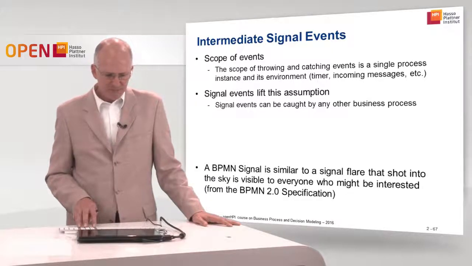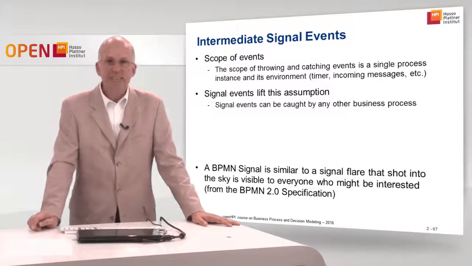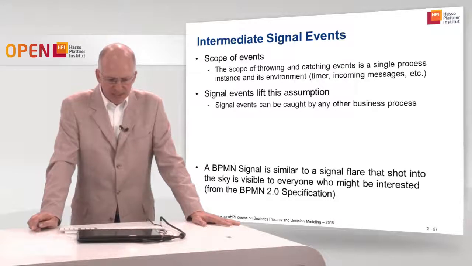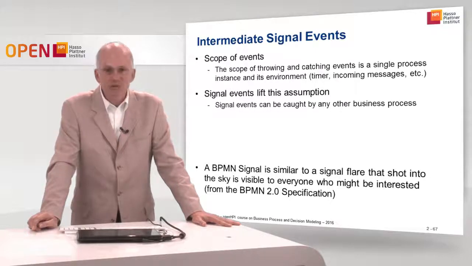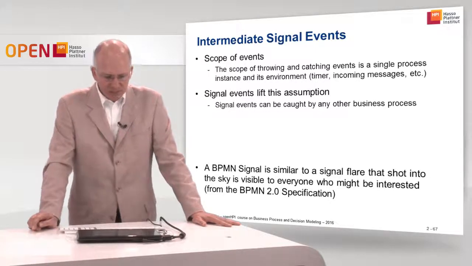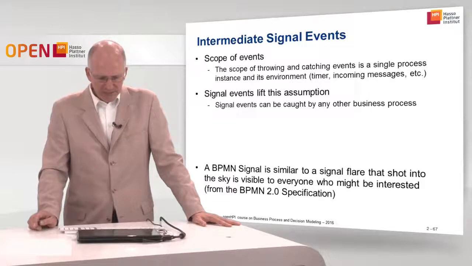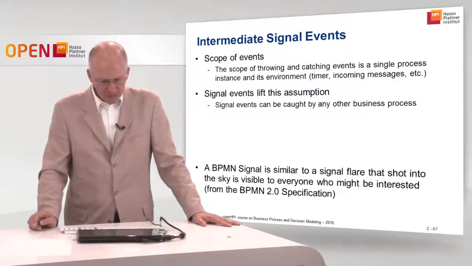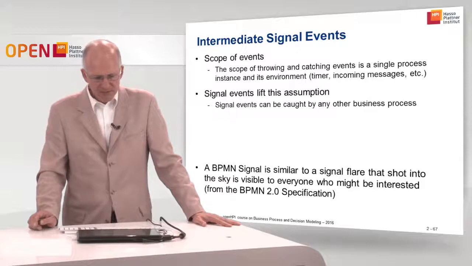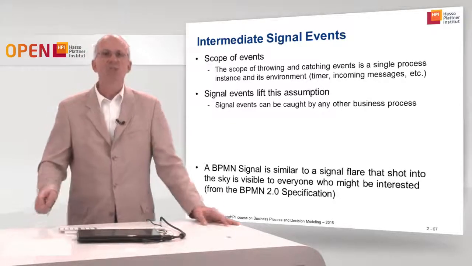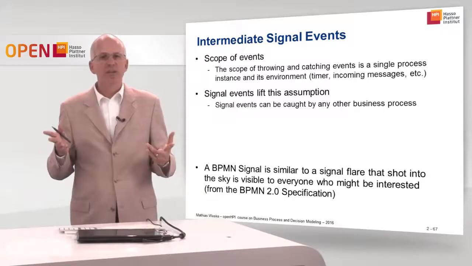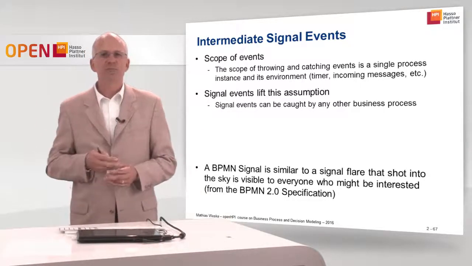All right, we come to intermediate signal events. Signal events have a specific property, and the property is the scope of the signal event. The scope of the signal event is not a single process instance in its environment, but it can be used to communicate the occurrence of events among different business processes.